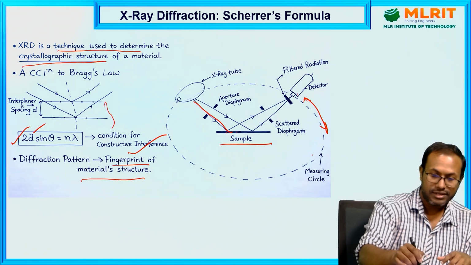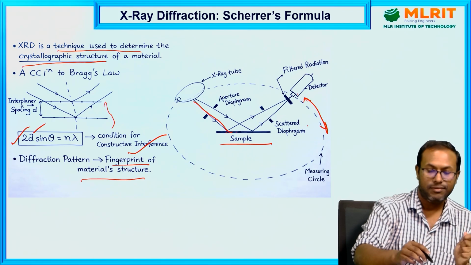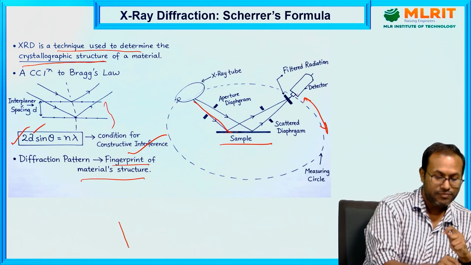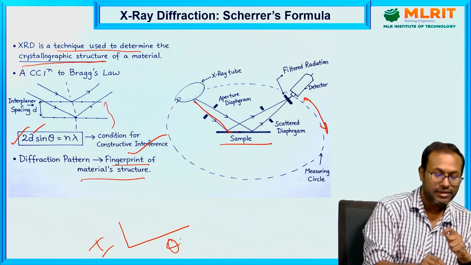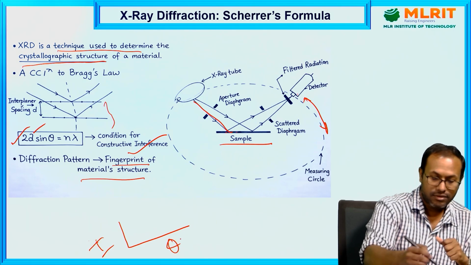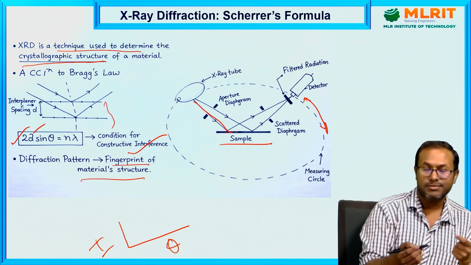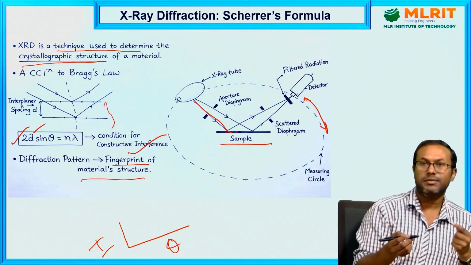We rotate the detector and from there we get the maximum intensity of light for different glancing angles. So we can vary the intensity with glancing angle. Where the intensity is maximum, we can say constructive interference happens. Due to that constructive interference, diffraction patterns are formed.